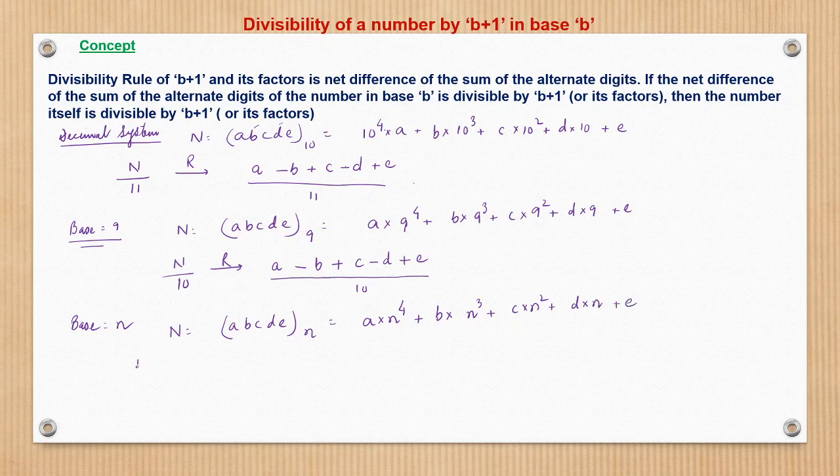If we divide by n plus 1 this time, so again the remainder should follow the same pattern, a minus b plus c minus d plus e by n plus 1, right? So if this term is 0, it means the number is divisible by n plus 1. So here we have obtained the divisibility rule for any number in say base b or base n when divided by n plus 1. The divisibility test is nothing but alternate sum of the digits and a difference of those.